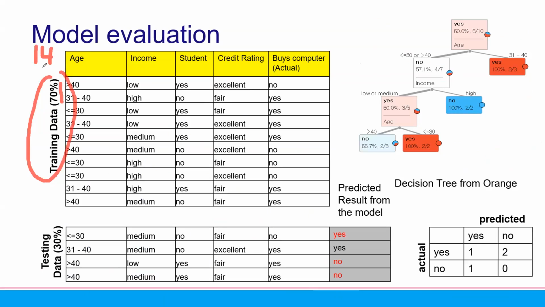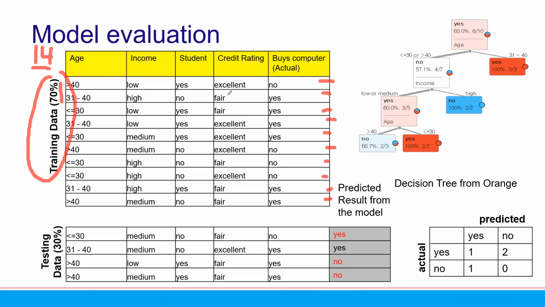So you can calculate 70% multiplied by 14. Maybe about 10 point something. So you can just make it 10. So this is 1, 2, 3, 4, 5, 6, 7, 8, 9, 10.